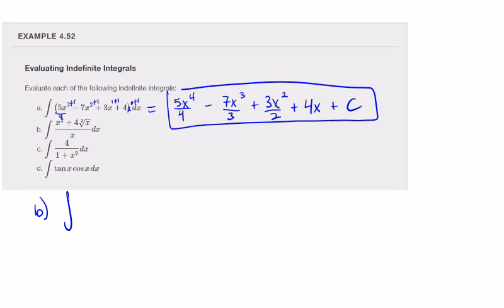It's going to be x squared over x, which is just 1x. And then for 4x to the 1/3 over x, I'm going to change it to rational exponential form.